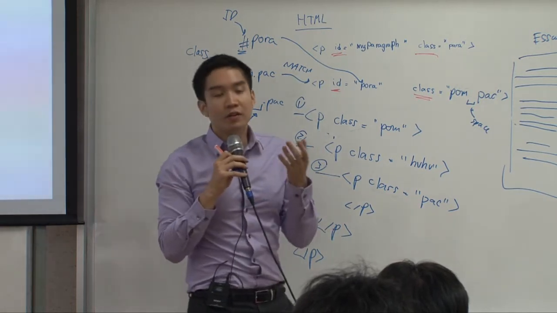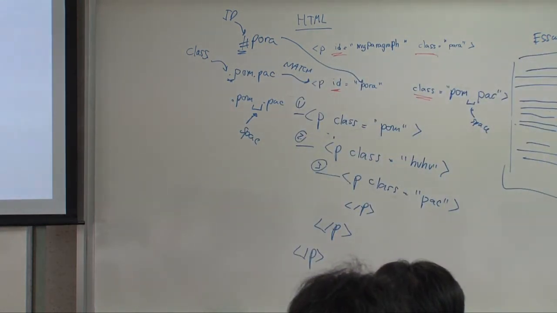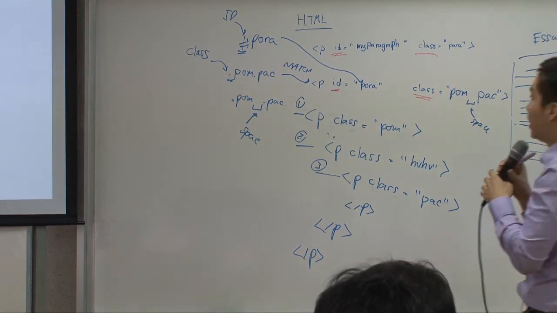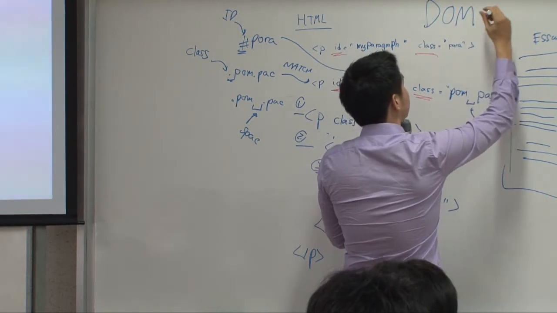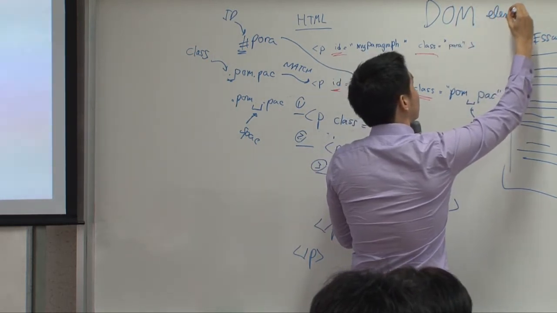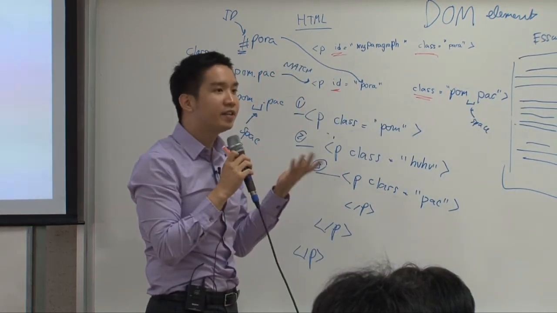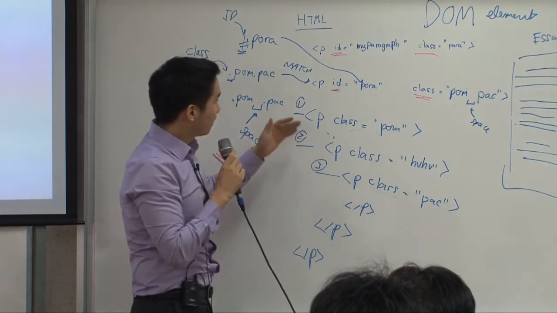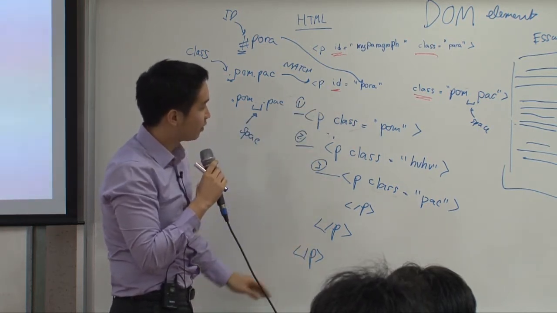So when you look at HTML tags, okay, all the tags that you have on that page, we label them. We call them DOM elements. What do I mean by DOM elements? Let's just take a look at this example right here.